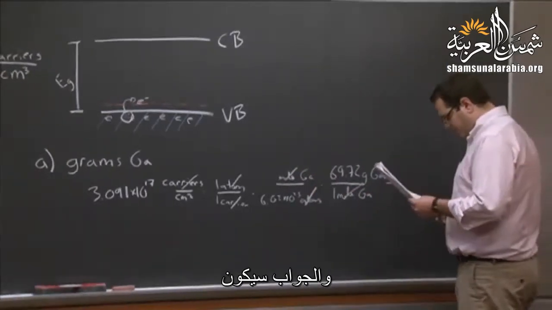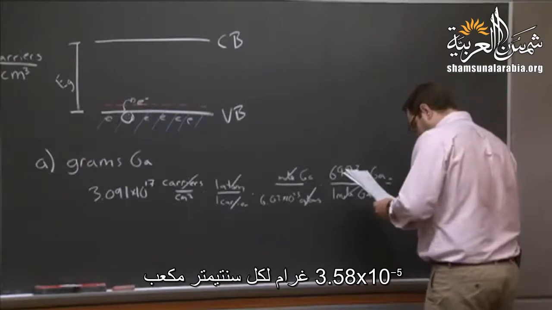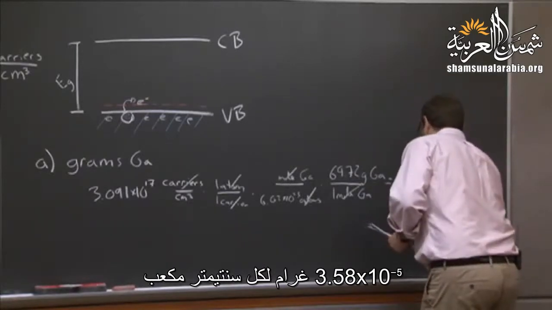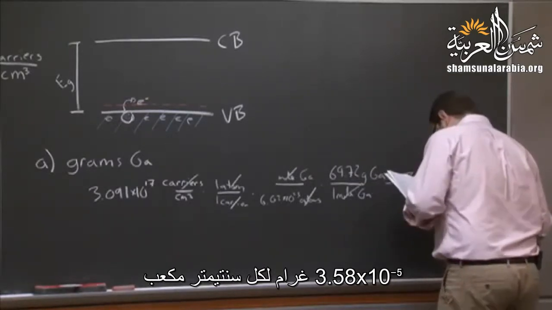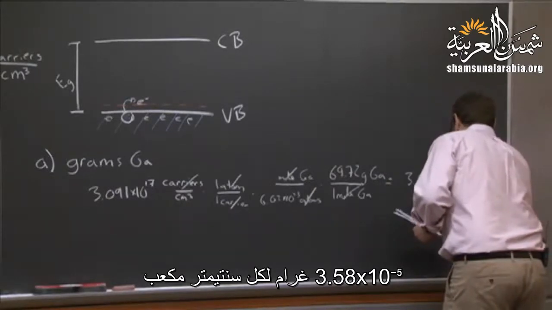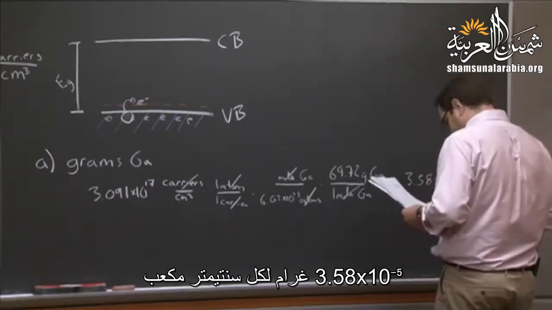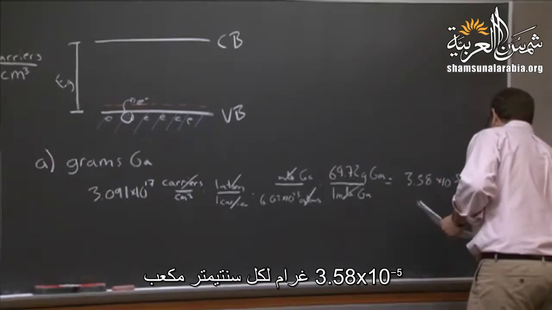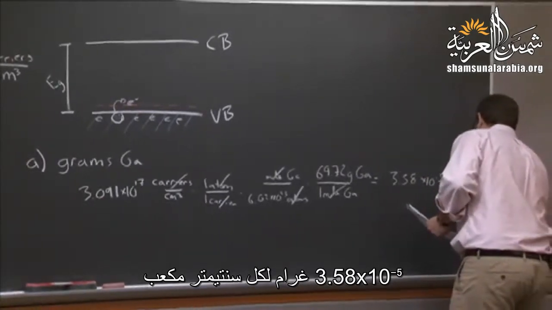And you're left with 3.58 times 10 to the negative 5 grams of gallium per centimeter cubed.